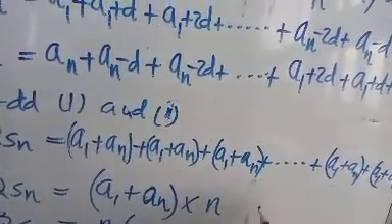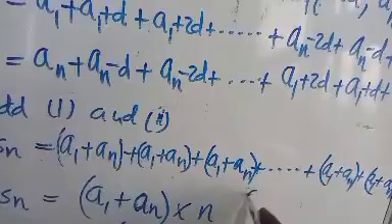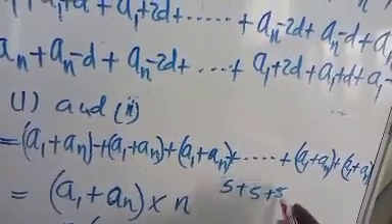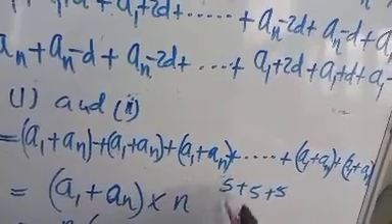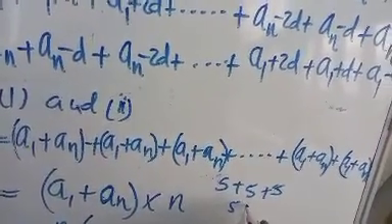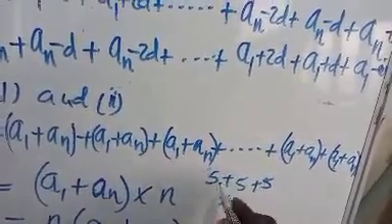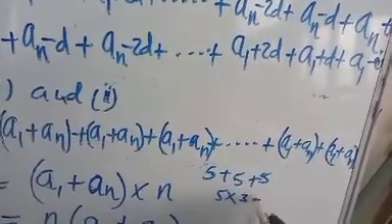I think you remember when we were just adding 5 plus 5 plus 5. If I want to use multiplication here, I take one term, which is 5, and multiply by the number of 5s, which is 1, 2, 3.